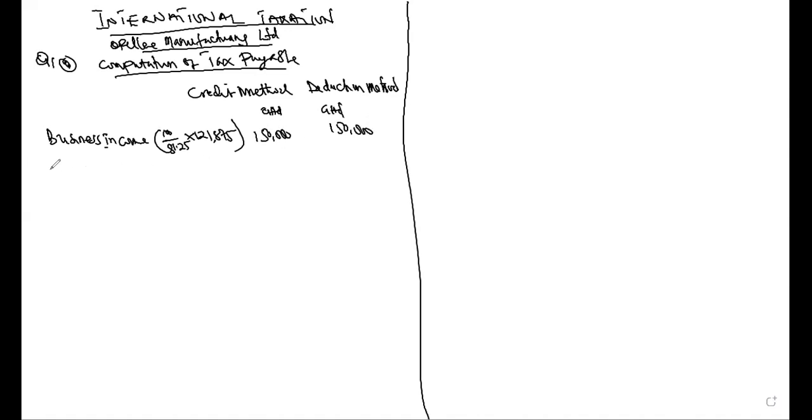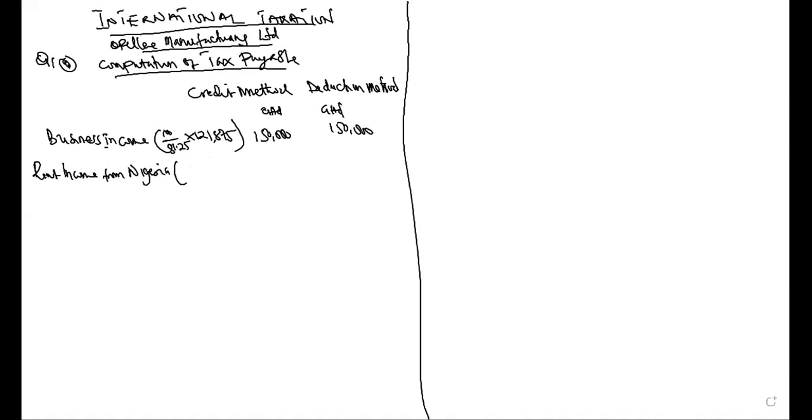Now, the income from Nigeria, the rent income from Nigeria. Is it after tax or before tax, or has the tax already been taken out?